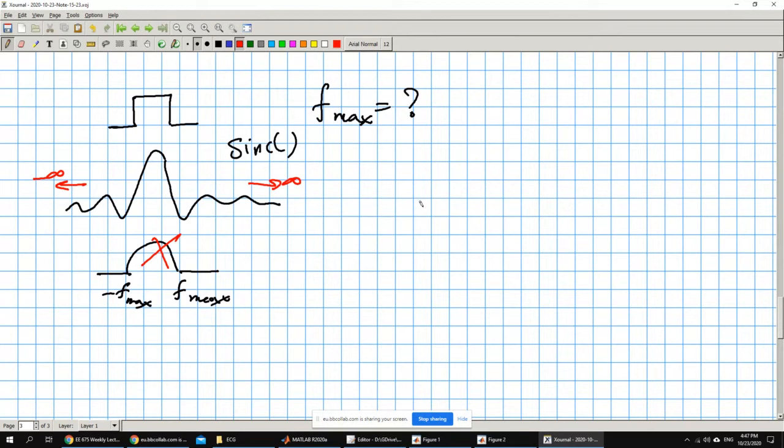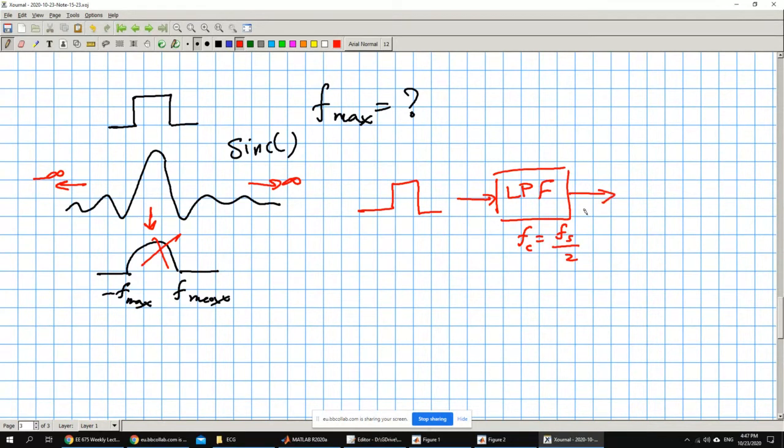The thing that people do is try to convert this to that. I take the original signal, which looks like this, and I pass it through a low-pass filter. The cutoff frequency of this low-pass filter will equal F sampling over 2.